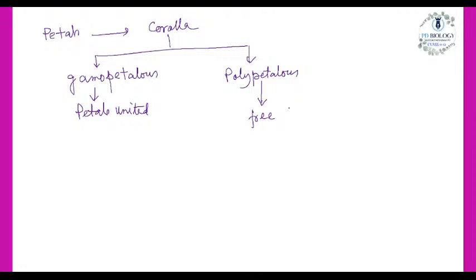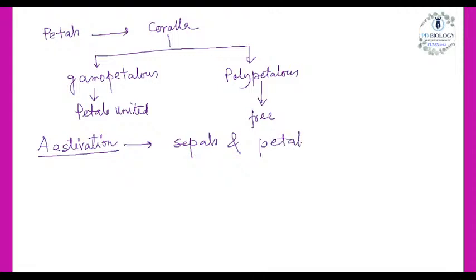Now another important question, that is aestivation. You can remember this one. Without aestivation, morphology cannot be complete. So what is aestivation? The mode of arrangement of sepals and petals.